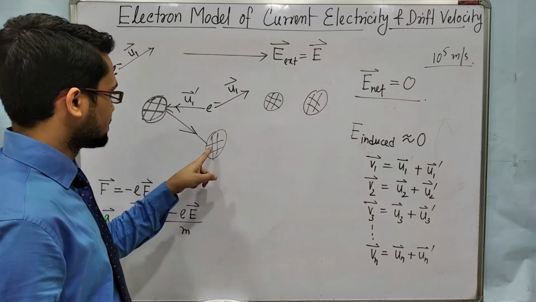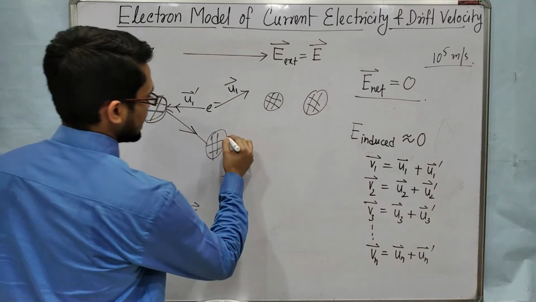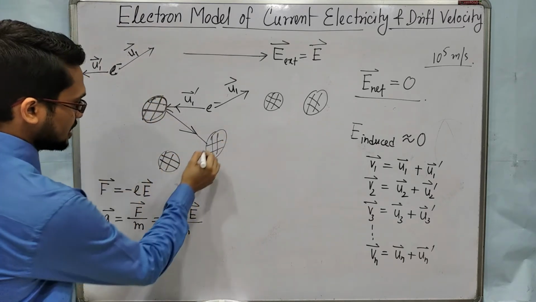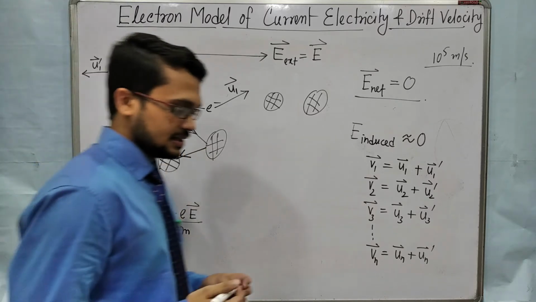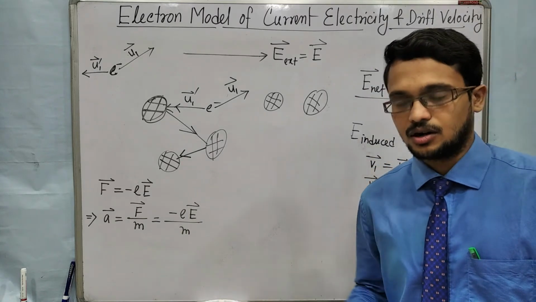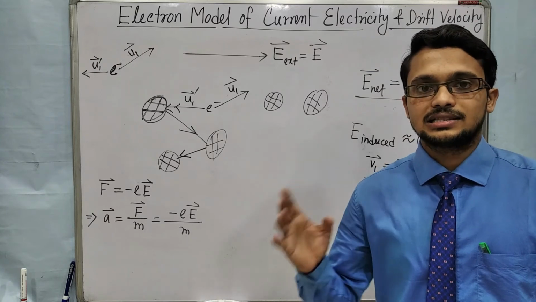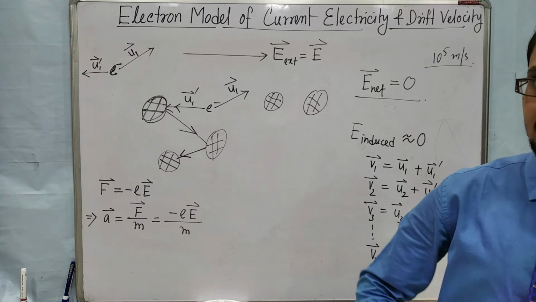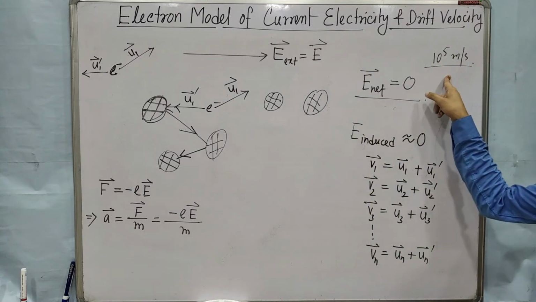Again velocity zero. Again it is moving through the path and collides with another particle. In this way, when they collide with another heavy ion or another similar electron, there is a large effect on its velocity or momentum. Its velocity becomes zero, and it starts its journey with the same thermal velocity, 10 to the power 5 meter per second.